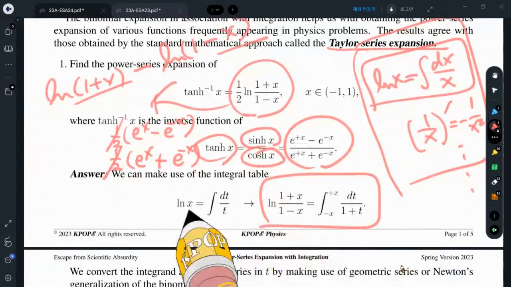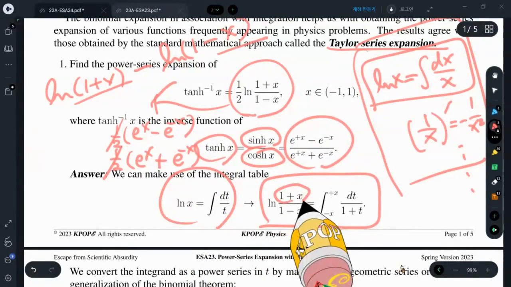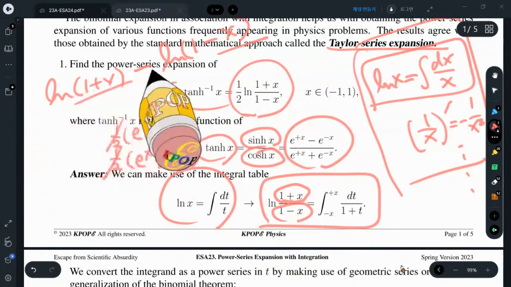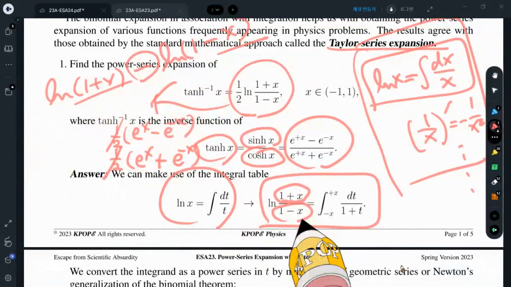This is true because we have this. We have upper limit subtracted by lower limit, and subtraction of log is the log of the ratio, right?